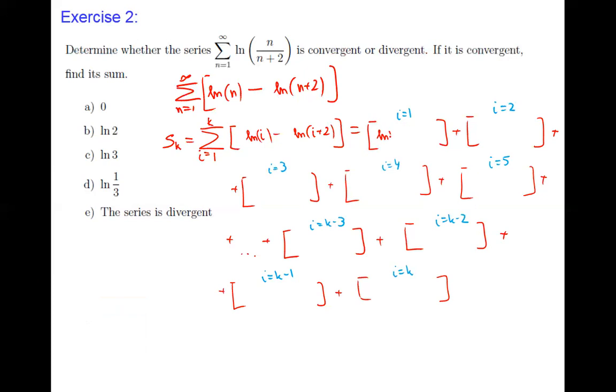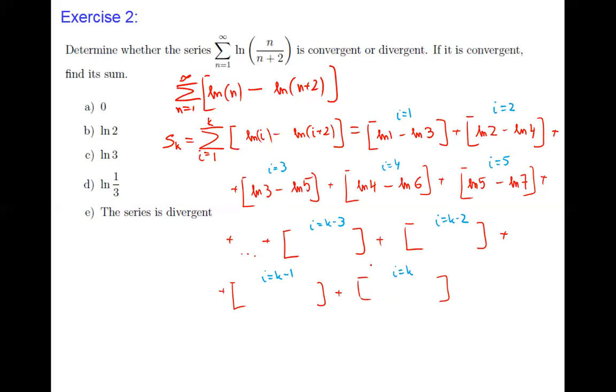ln of 1 minus ln of 3, because it's 1 plus 2. ln of 2 minus ln of 4. ln of 3 minus ln of 5, ln of 4 minus ln of 6, ln of 5 minus ln of 7.